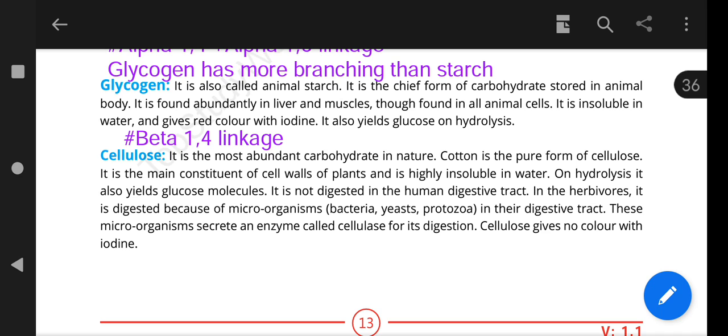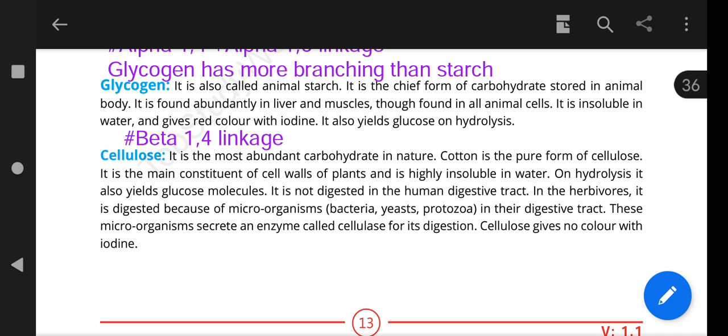So three types of polysaccharides are discussed. One is starch, second is glycogen, and after that cellulose. Starch is the main storage form in plants, glycogen is the storage form in animals, and cellulose is the main constituent of the cell wall, and it is not digested in the human or animal body because we do not have the cellulase enzyme.